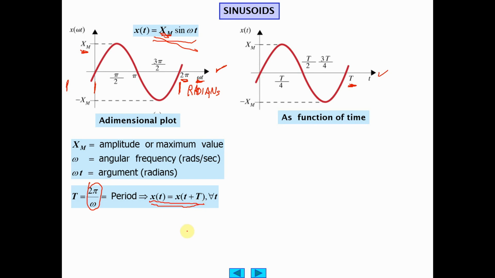It's trying to tell you. Same thing with radians, the signal in radians, 2 pi, 4 pi.